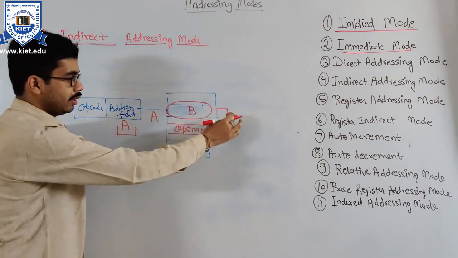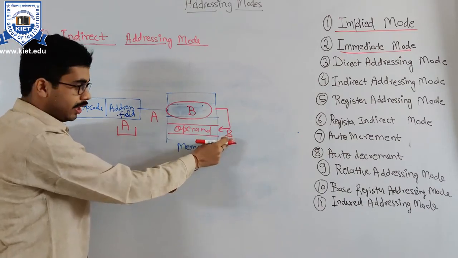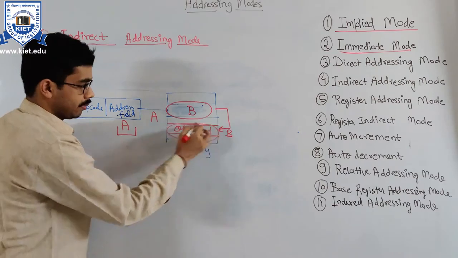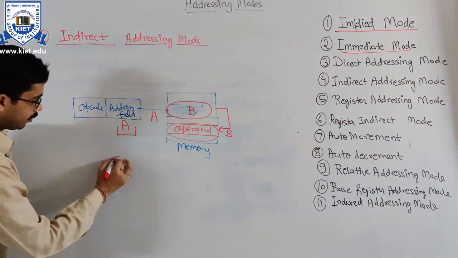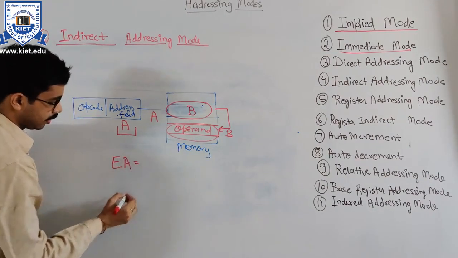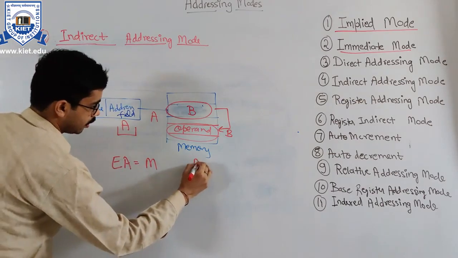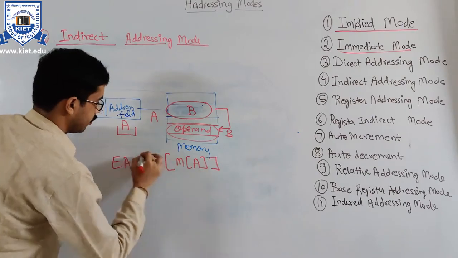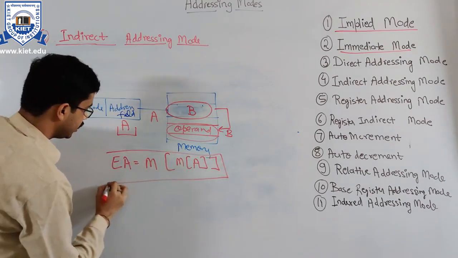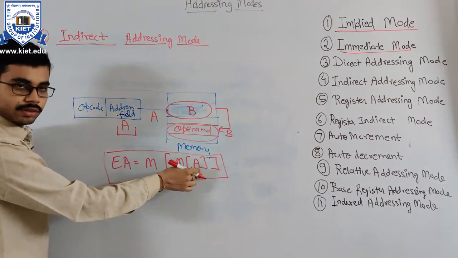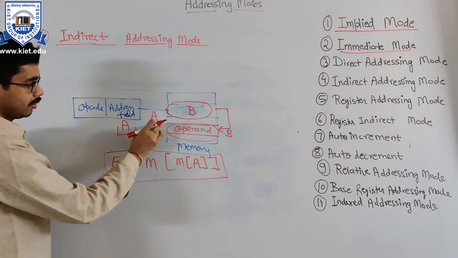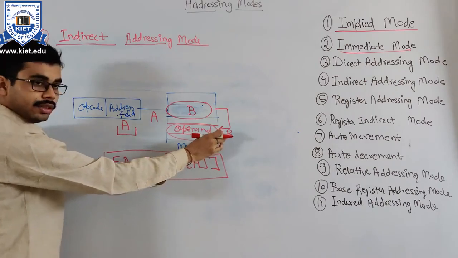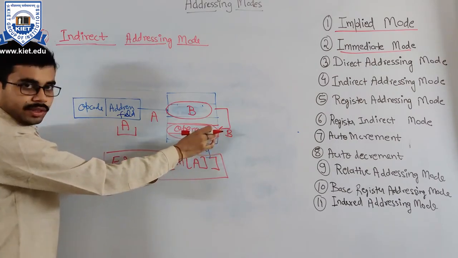We will point to address B in the same memory and get the operand there. So the effective address is the element at the location of the location.